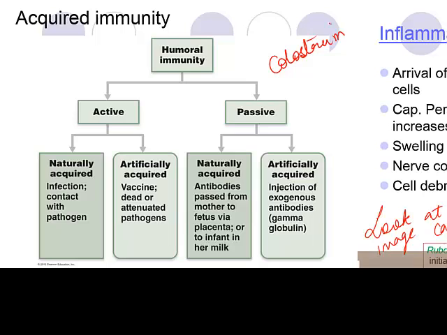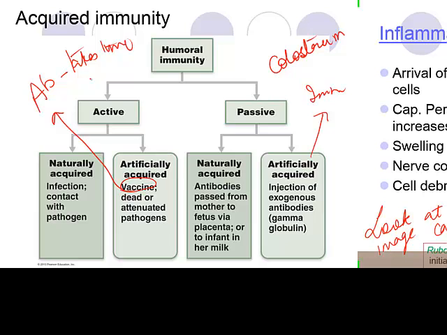So what is the difference between active artificial and passive artificial? In active artificial, you're giving a vaccine, where the body will produce antibodies, so this takes time. In passive artificial, you're not giving a vaccine, you're giving immune serum.